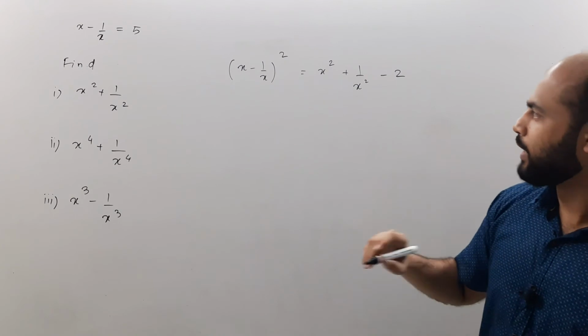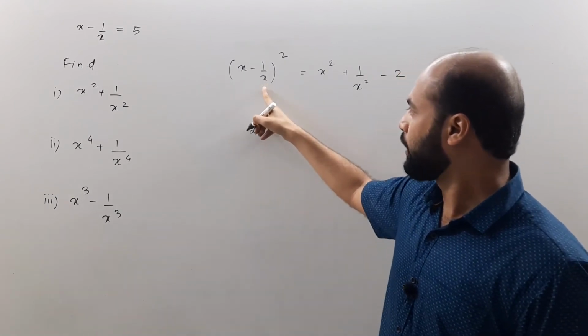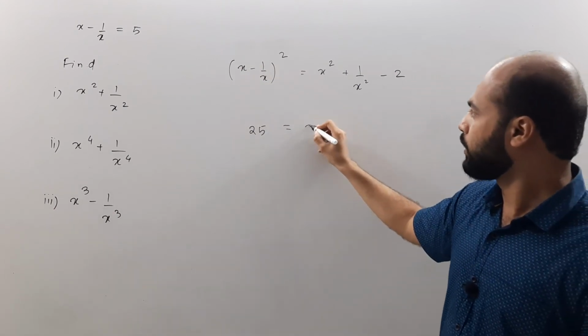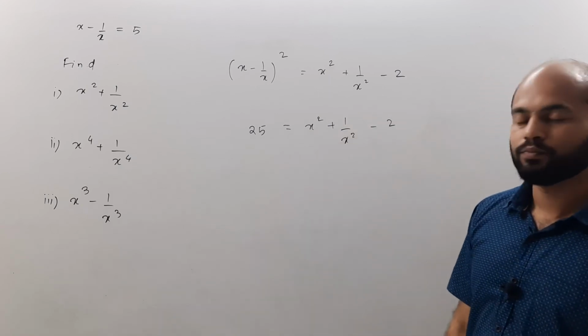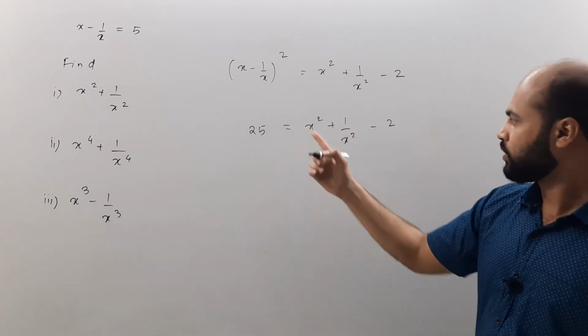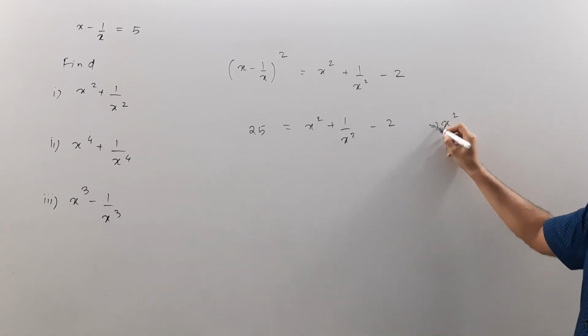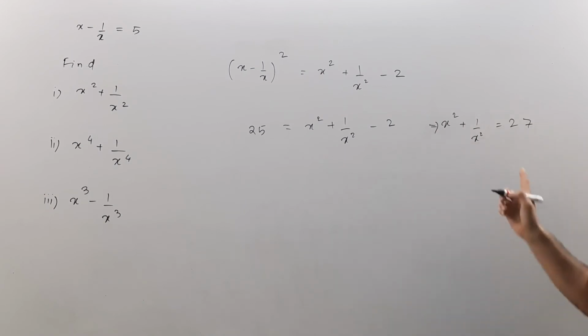Now x minus 1 by x is there with us, so 5 square would be 25 on this side, this is 5, so square of it would be 25. And then this is an unknown quantity, x square plus 1 by x square minus 2. So we just want this, so the answer would be x square plus 1 by x square is 27. So that is the first answer.